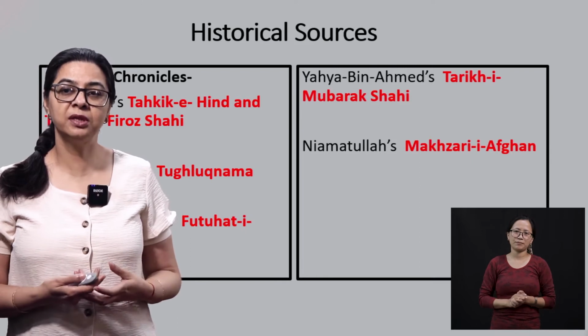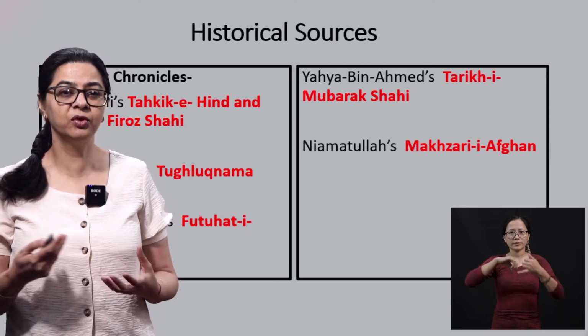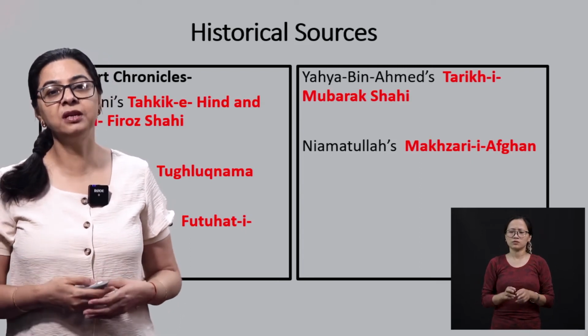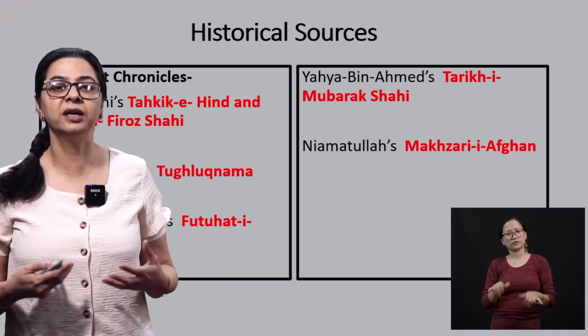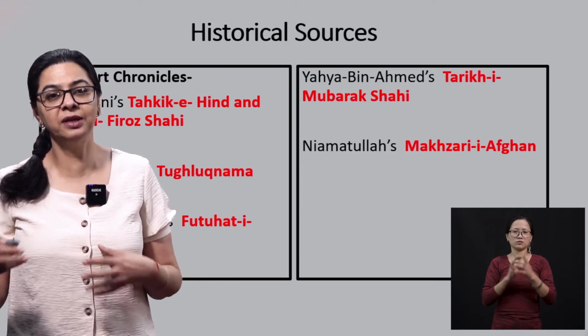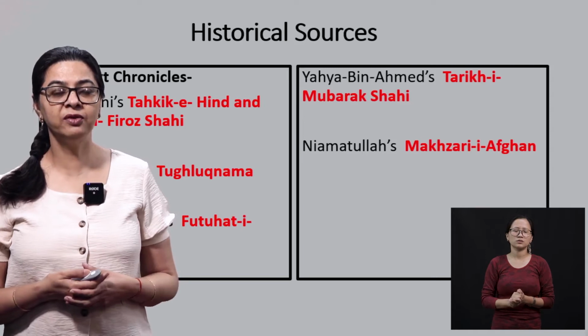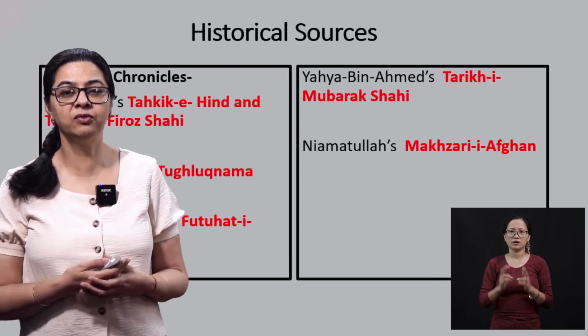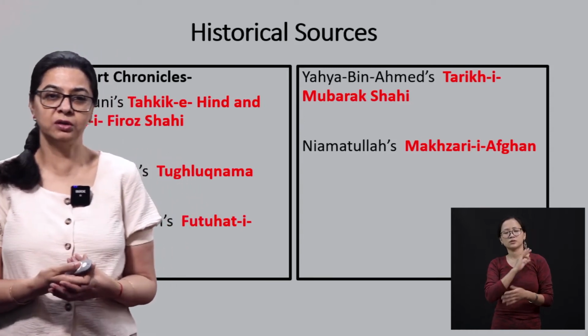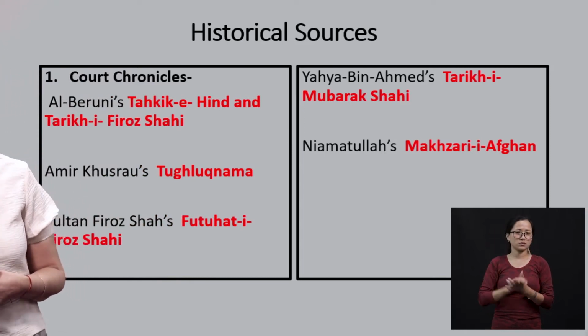And there were times that scholars who came from a different country would just stay in a court for some time and write about only that king or only that period. So this is a very valid and very interesting part of historical sources. These were called court chronicles.